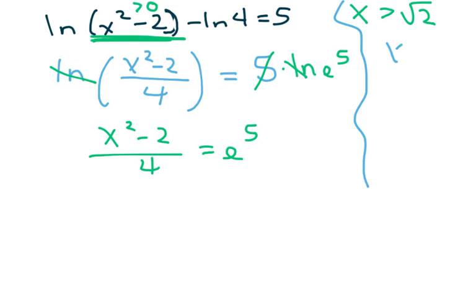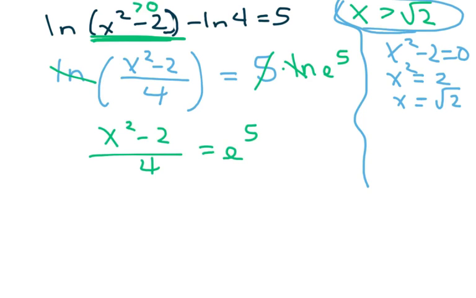All you do is set x squared minus 2 equals 0 and solve for x. So x equals square root of 2. It has to be positive. All right? So x has to be greater than negative square root of 2.